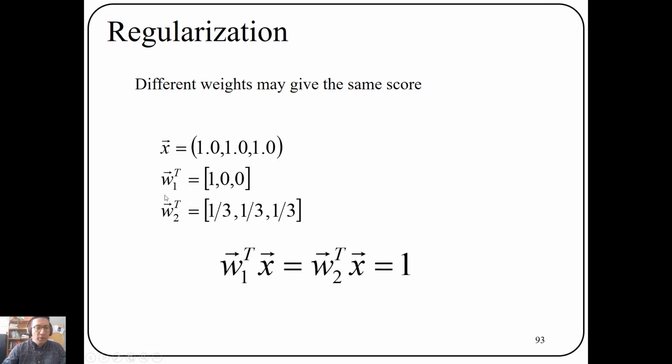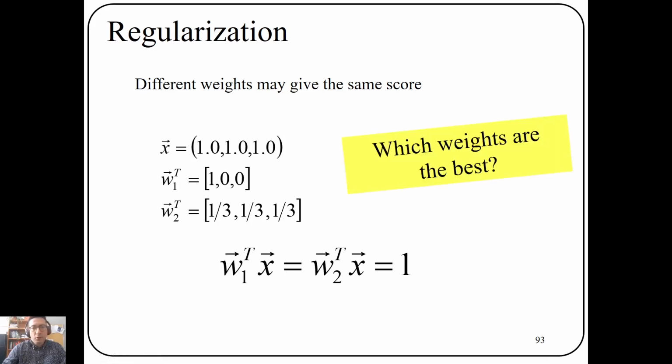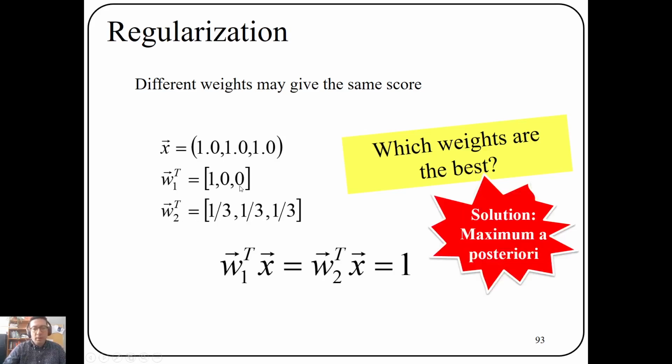And that's not normal. These two solutions are different, so they should be given different loss values. So which weights are the best? Typically, we tend to favor the sets of weights whose values are the smallest. And this gives rise to a so-called maximum a posteriori solution.